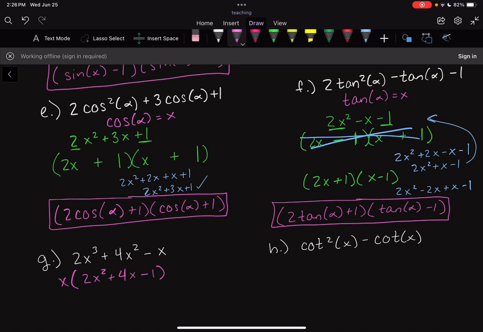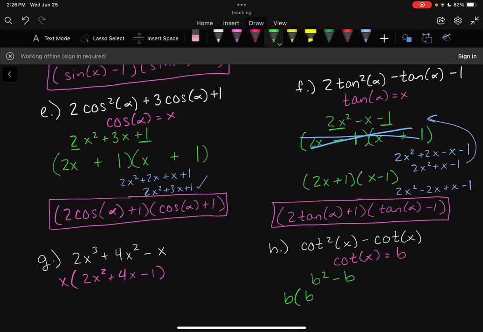For part H, we can let it be a different letter if we want. So let me let cotangent x be, let's do b for this one. So I get b squared minus b. If both of these have a b, that means it can come out to the front. I can factor it out.